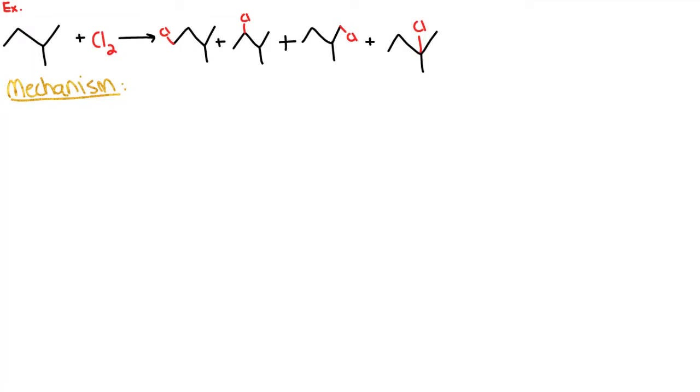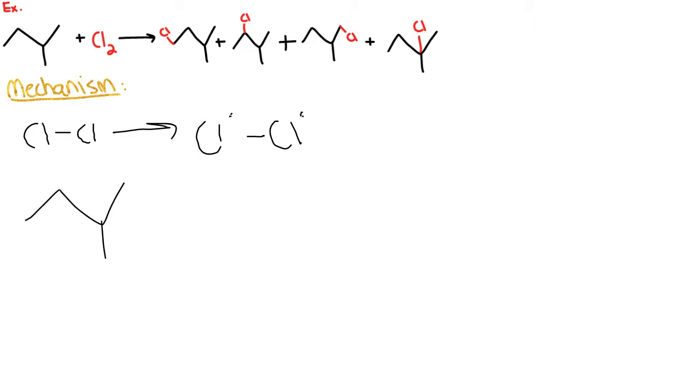We can show the mechanism for one of the other products just so you can see the difference. Again, our first step is we break our chlorine-chlorine bond to make our two radicals. And then our radical is going to attack a different hydrogen. Let's say this one maybe.